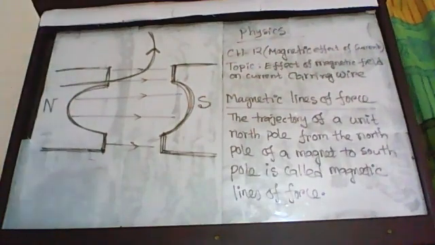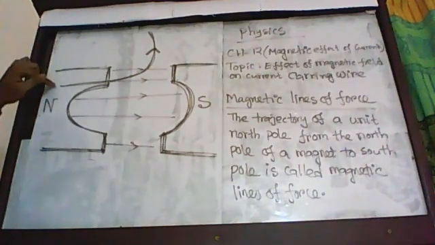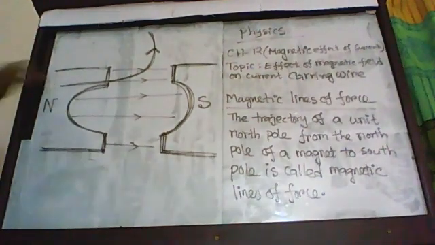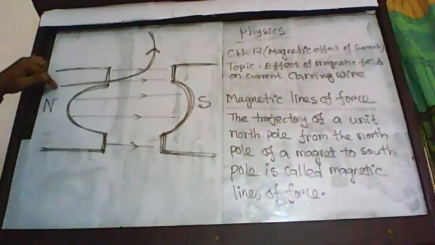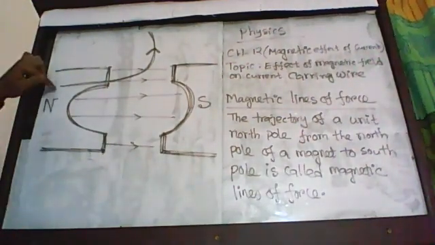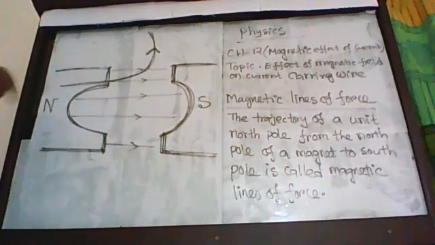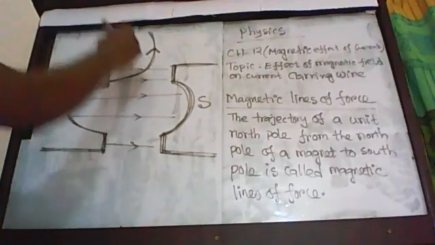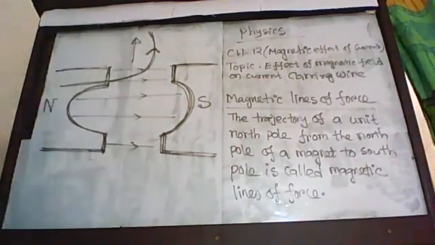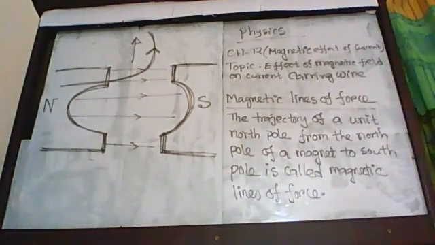So when you turn on your electricity at this current carrying wire, you see this wire goes in this upward direction. So it goes outside the horseshoe magnet.